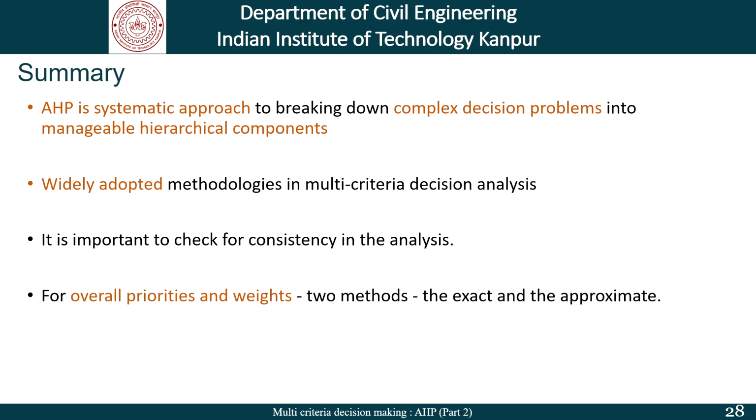In this particular lecture, for calculating overall priorities and weights, I have used a method which is more approximate in nature. We have used the concept of normalization. This is an approximate method which is only suitable if the overall consistency ratio of the matrices is within the acceptable limits. However, alternatively, there is an exact method to calculate overall priorities.